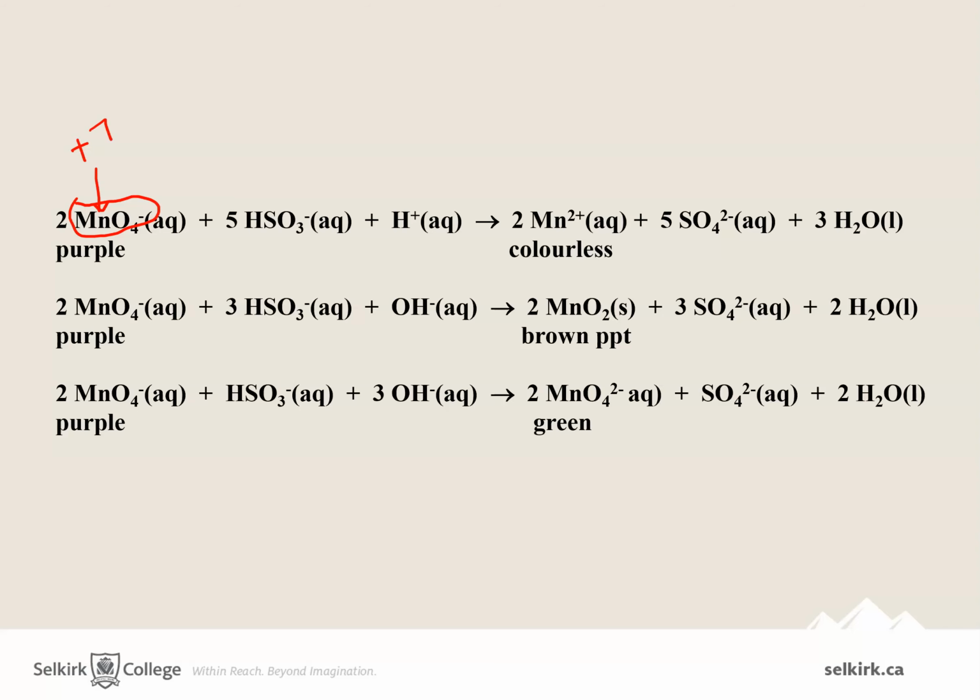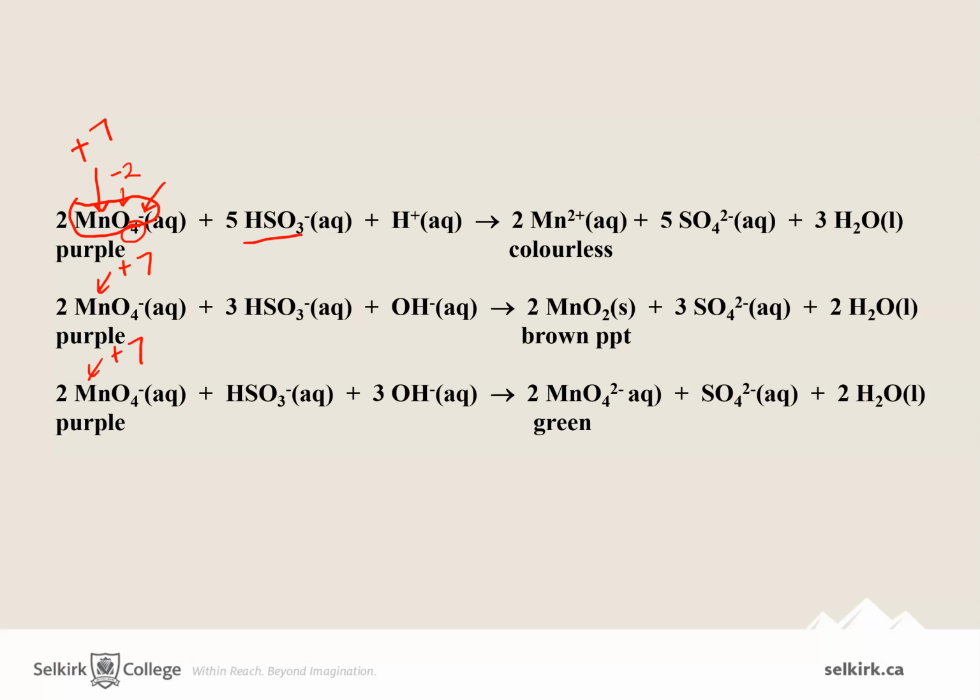I figured that out because I knew each oxygen was -2, and there were 4 of them altogether. The net charge was -1, let's double check: +7 for the manganese, +4 times -2 for the oxygen, -1 overall. Good. So each one of these manganese starts as +7 in the purple solution.